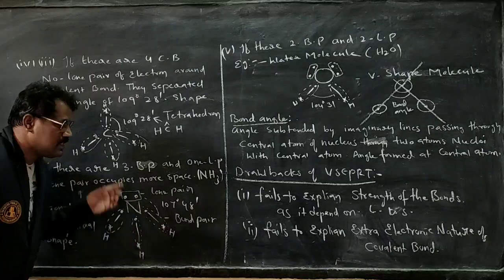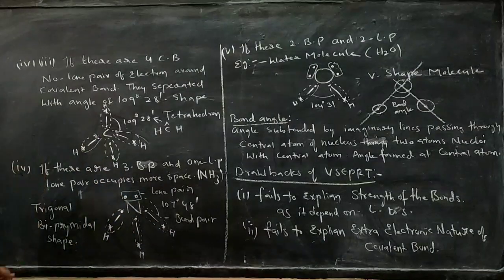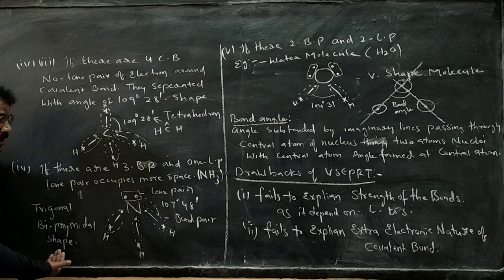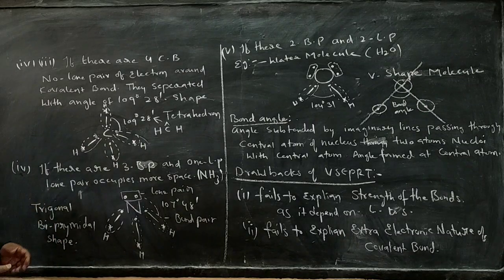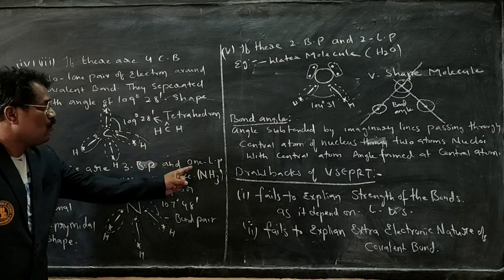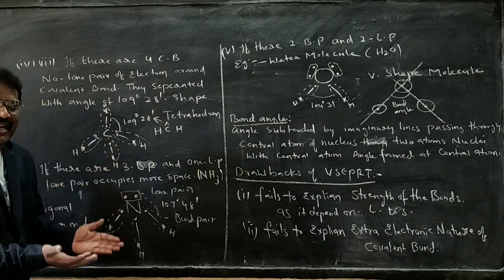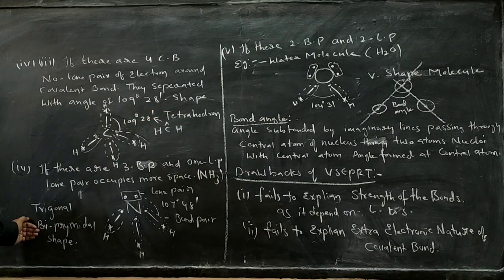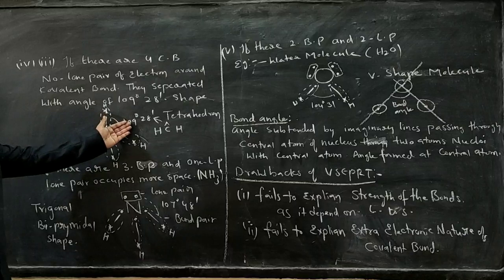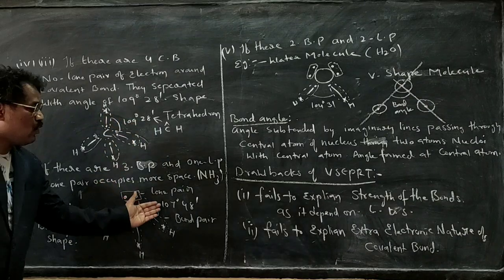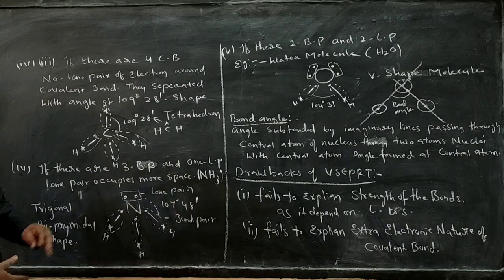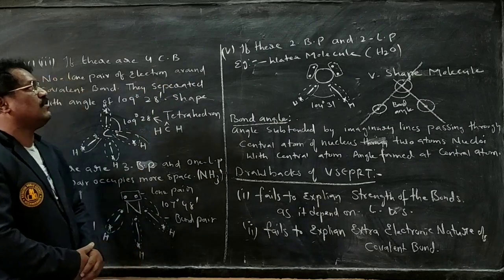And this molecule attains a new shape, called trigonal bipyramidal shape. As it has 1 lone pair, the shape has changed from tetrahedral to trigonal bipyramidal, and the bond angle from 109 degrees 28 minutes to 107 degrees 48 minutes.